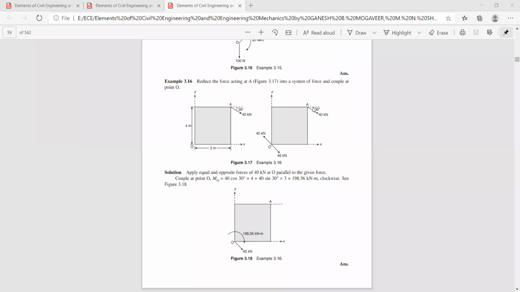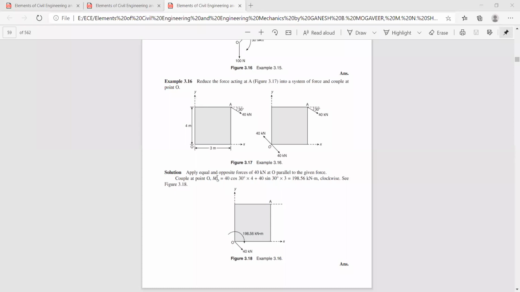The x component creates a moment of 40 cos 30 into 4, and the y component creates a moment of 40 sine 30 into the perpendicular distance of 3 meters, which also creates a clockwise moment.